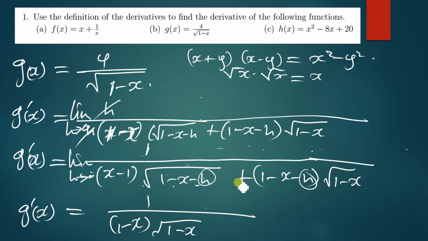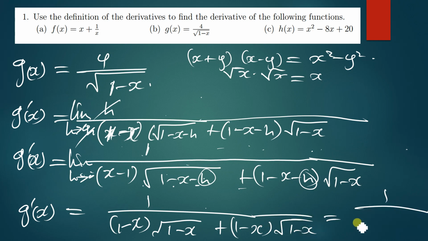So when you put 0 there, you also have 1 minus x, then times the root of 1 minus x. When you add this and that, since they are the same, we're going to have 2, so this will give you 1 over 2 times 1 minus x times the root of 1 minus x.